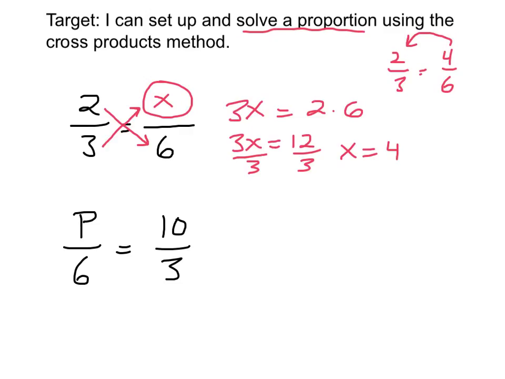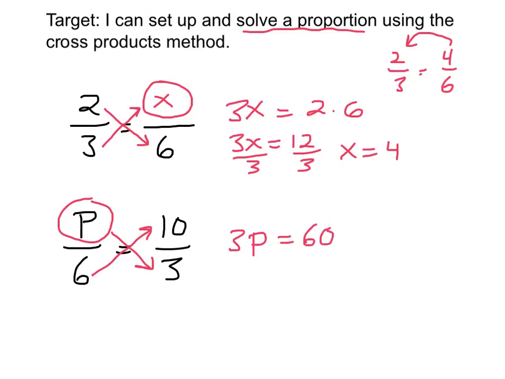Let's try one that's not so easy to see the answer to. p over 6 equals 10 over 3. We're trying to solve the proportion to find the missing part. So I'm going to cross multiply. Find the cross products. p times 3 is 3p. We usually write the variable after. 3p equals 10 times 6, or 60.